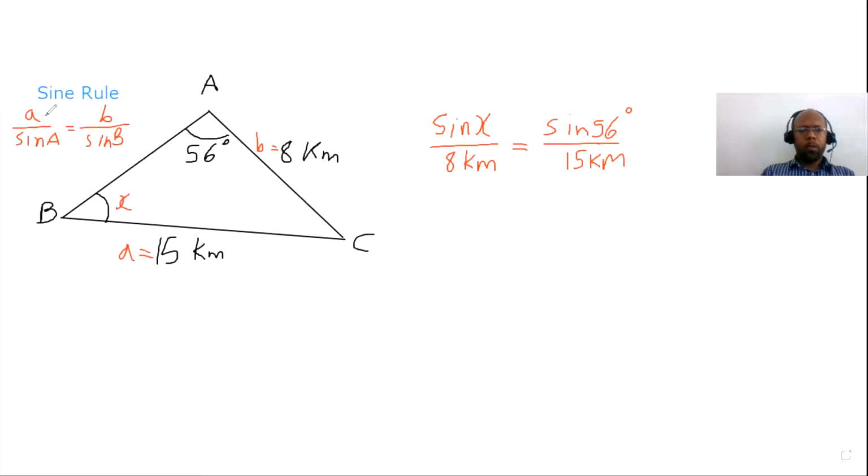Okay, and know that this could have been B and C, or A and C. So don't let the lettering become a big issue. This is for finding the side. And if I flip it upside down like I have in this problem that we're working on, then I'm looking for the angle. So in this problem I'm working on, I have it flipped.